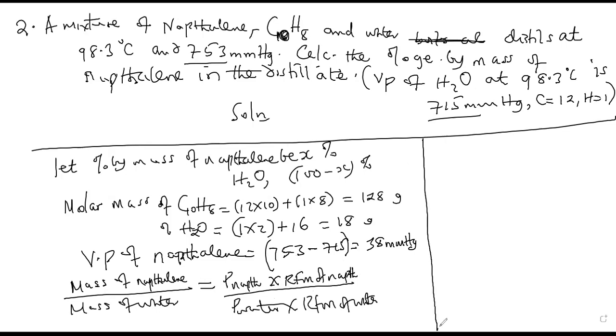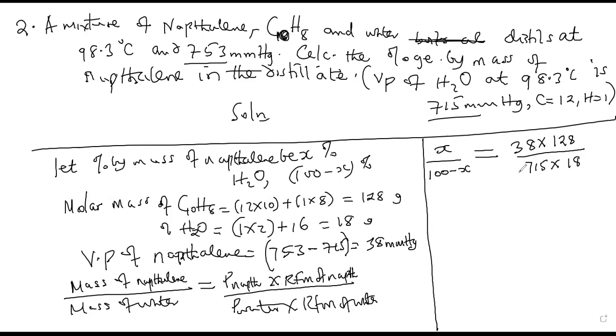Substituting in, the mass of naphthalene we called X. The one of water, we called 100 minus X. This is going to be equal to partial pressure of naphthalene, 38, times its molecular mass, which we say is 128, over partial pressure of water, 715, times relative formula mass, 18.